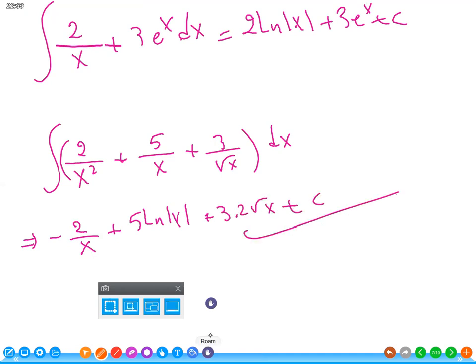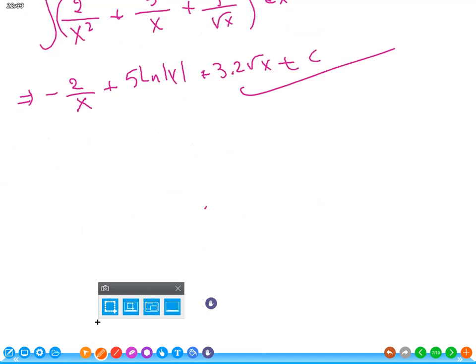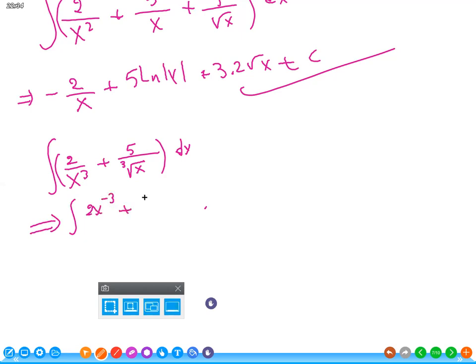Done. But if it's not special rules, you must rewrite the last one, 2 over x cubed plus 5 over cubic root of x. To be sure, okay? Here we don't have special rules, so we need to rewrite 2x power minus 3 plus 5x power minus 1 over 3.